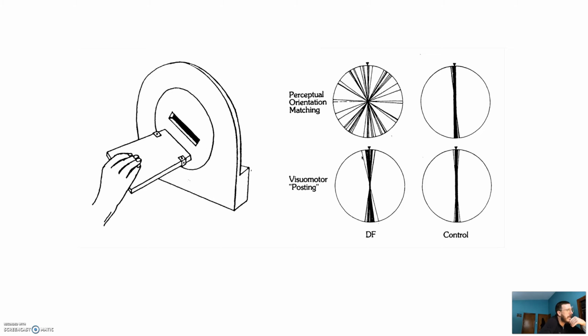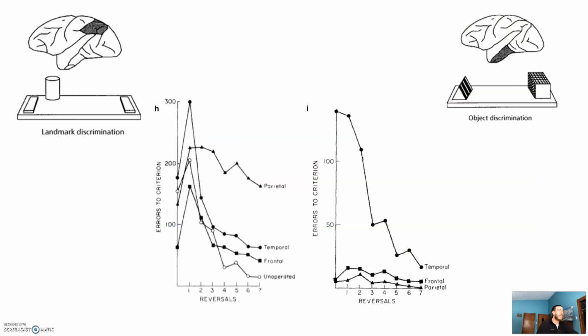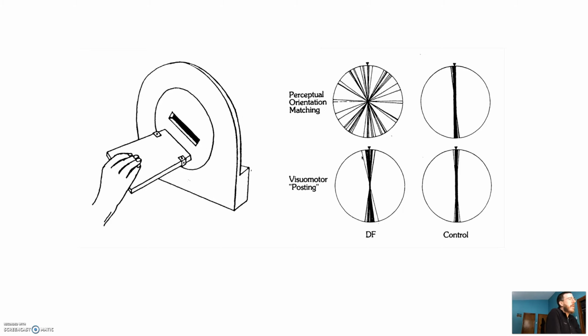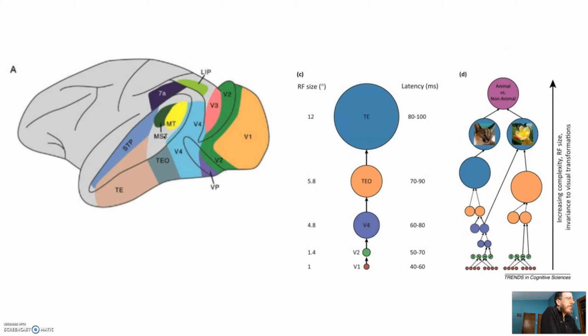And so I hope you can guess which of the two brain areas from this study were DF's damage in. DF had damage that impaired her ability to recognize objects, but didn't impair her ability to interact with them in the world. So she likely had damage to her temporal lobe.